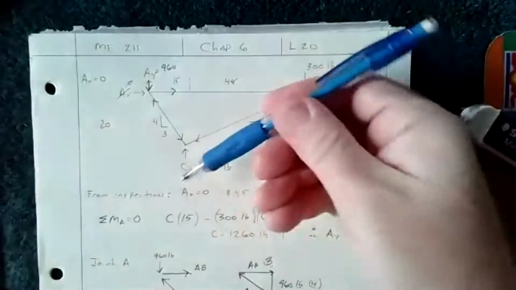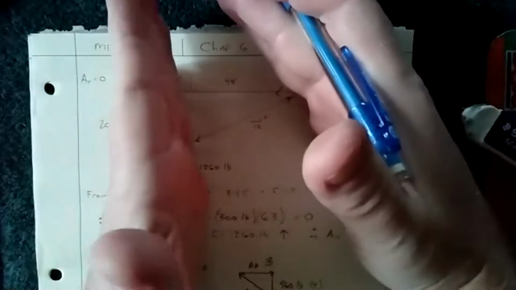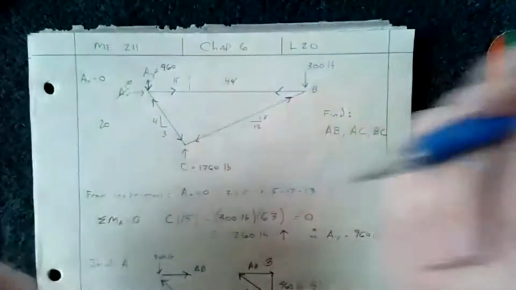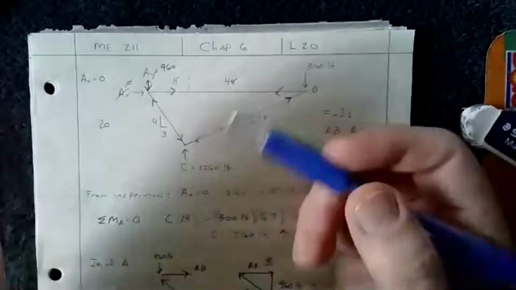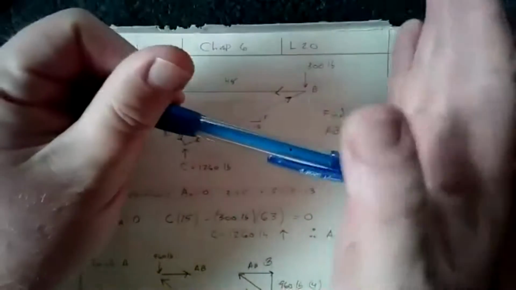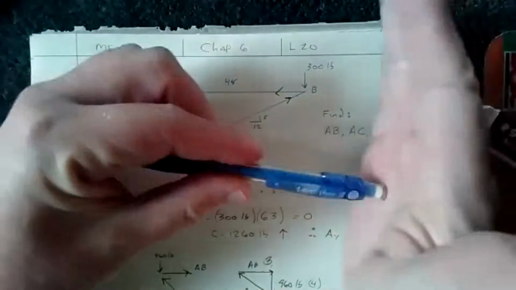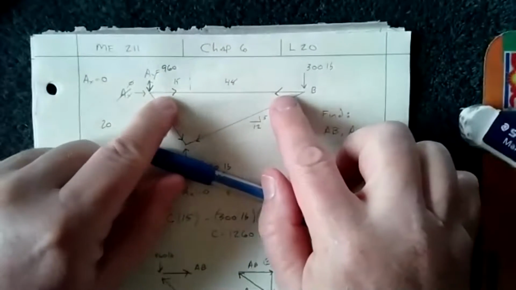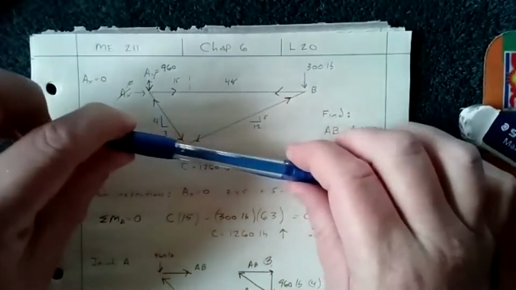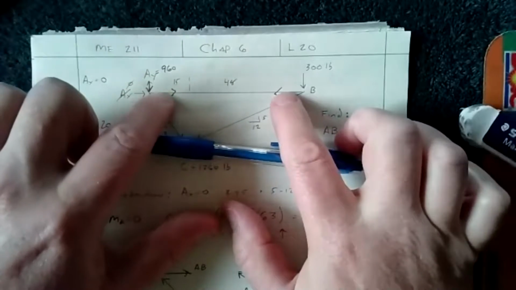If you think about the pencil as this member here, if I'm pushing in on this member, the pencil is pushing out into my hands. With tension, if I glued the pencil to my hand and tried to pull it apart, it would pull my skin away on either end.